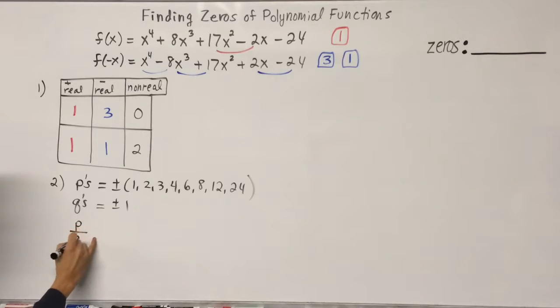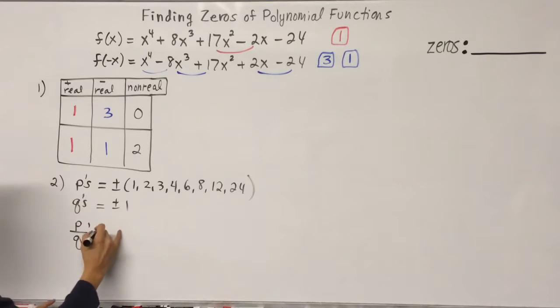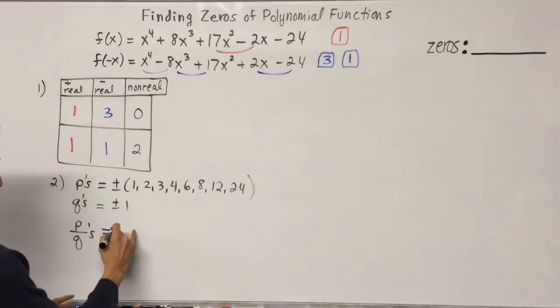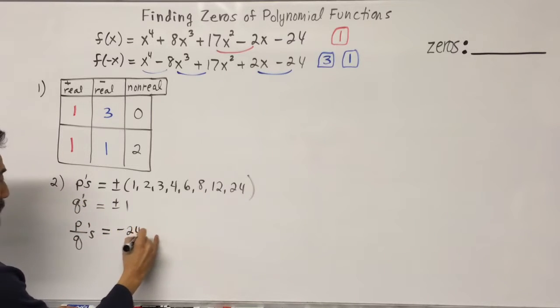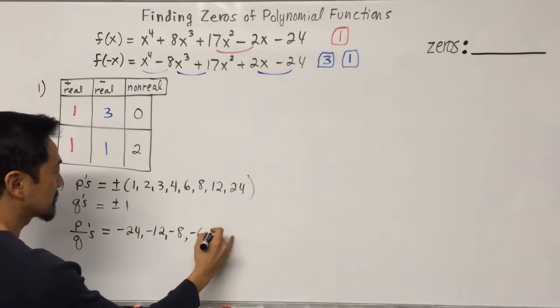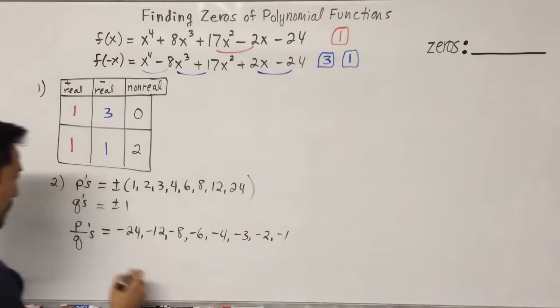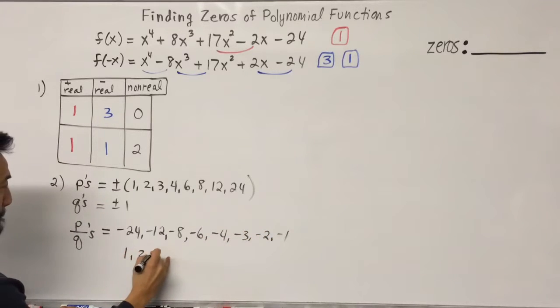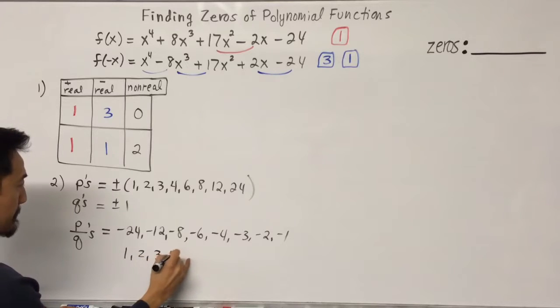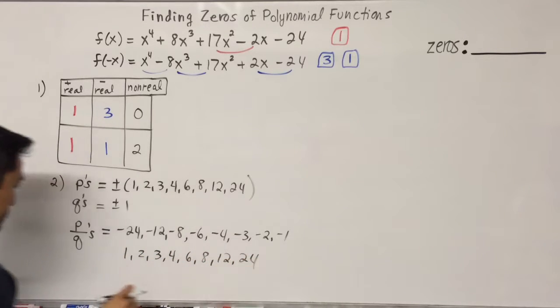So all of the p's divided by all the q's will just give me back the p's, right? So I'm going to have a negative 24, negative 12, negative 8, negative 6, negative 4, okay? And then the positives.